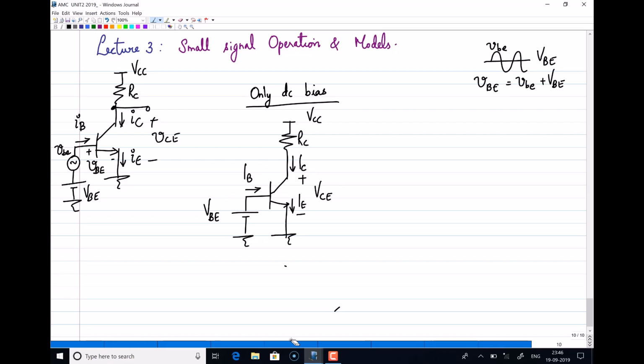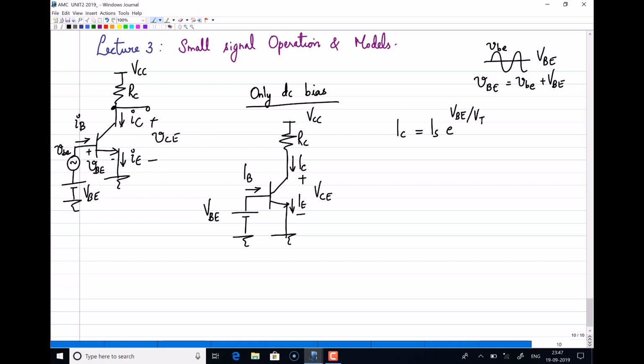Before drawing the small signal equivalent circuit, we will look at the relationship of the different currents, first write the small signal currents in the circuit, and then develop the small signal equivalent circuit. As in the previous lecture, the collector current IC is equal to Is times e to the power of VBE by eta VT, where I'm considering eta as 1.